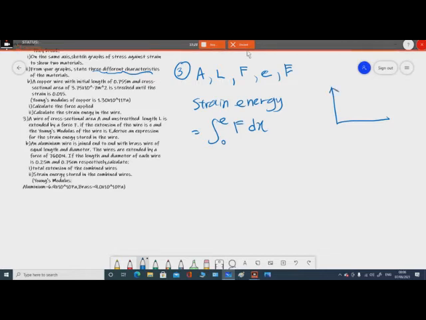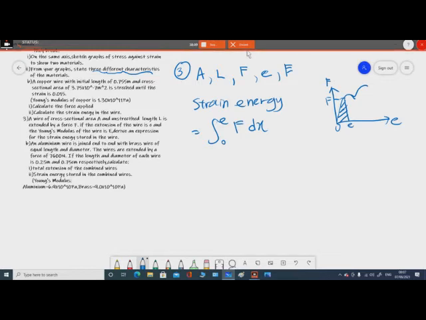Let's say I have my force here, and this is my extension. So this is one example of the material. So this is the proportional limit, which is the triangle. Okay, 0 to E. So this is our F. So this strain energy is only calculated in this region, which is before the elastic limit or before the proportional limit.